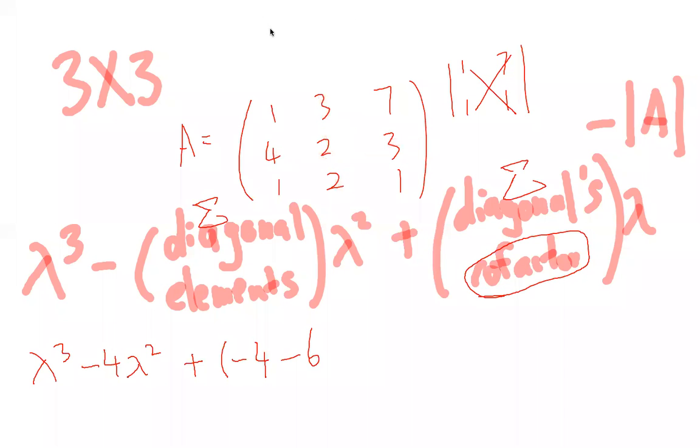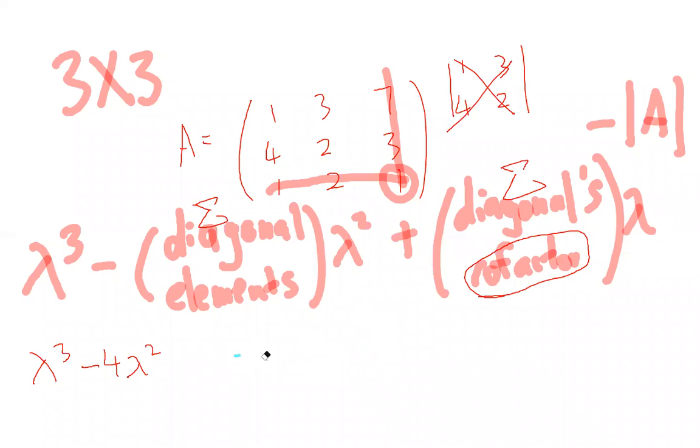Again, continue with the third diagonal element, which is this one. Then cover the row and the column, and find the determinant of the rest, which will be 1, 4, 3, 2. Then 2 minus 12, so it's negative 10. Okay, so here negative 4 minus 6, minus 10 is negative 20.